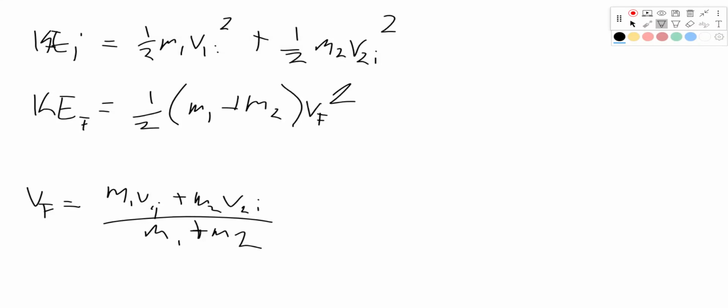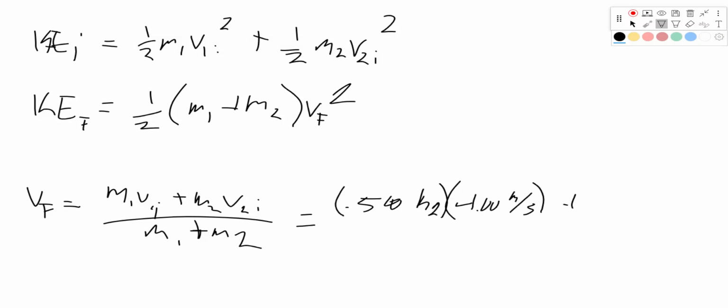So when we plug in, let's get our velocity final first. Okay, so this should look like 0.5 kilograms times 4 meters per second plus 0.25 kilograms times negative 3.00 meters per second.